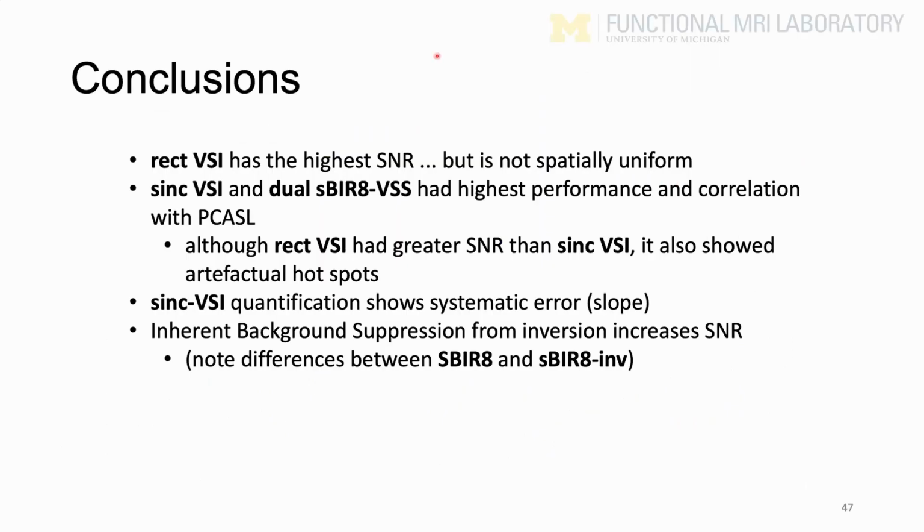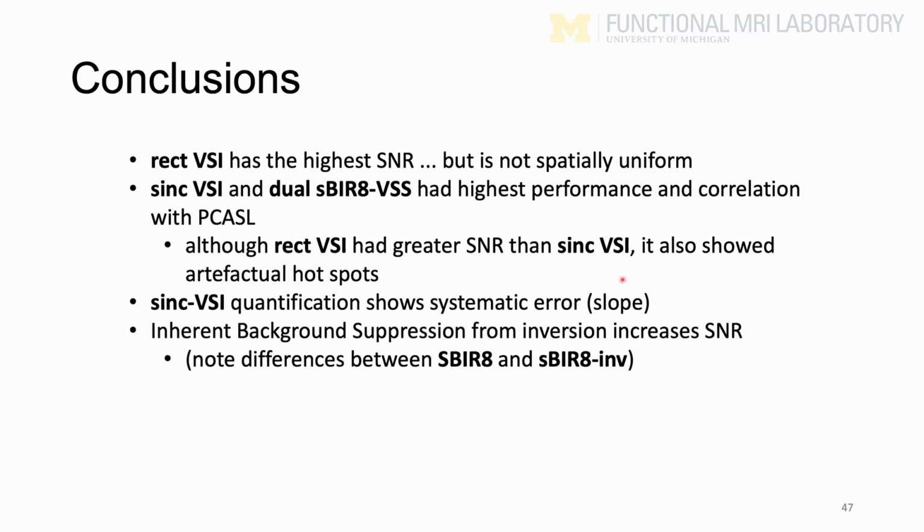So the conclusions we drew from this messy information were that the rect VSI pulses had the highest SNR, but they had artifacts in them, so that was not the favorite. The two favorites were the sinc VSI and the dual velocity selective saturation. They seem to be the ones that agreed most with our quote unquote gold standard, the PCASL.